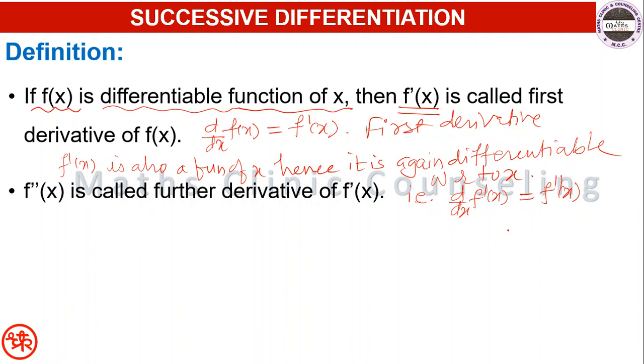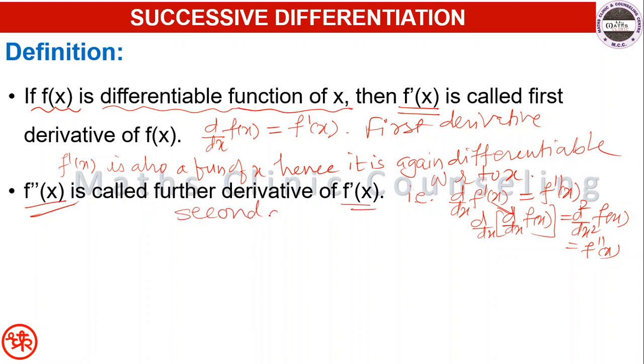So this is also called d/dx of f dash of x, that is equal to d2/dx2 of f of x, and that is equal to f double dash of x. Is that clear? So f double dash of x is called the further derivative of f dash of x, and that is the second derivative of f of x.